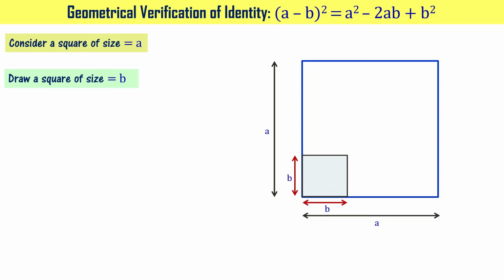The remaining part of the side of the bigger square is going to be a minus b, and this side also is going to be a minus b, right? Now let me extend the side length of the smaller square such that I make it into 4 parts: 1, 2, 3 and 4, right? Where you have 2 squares and 2 rectangles.